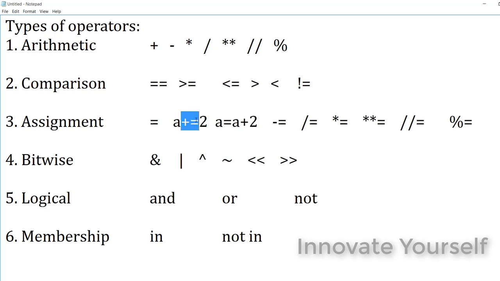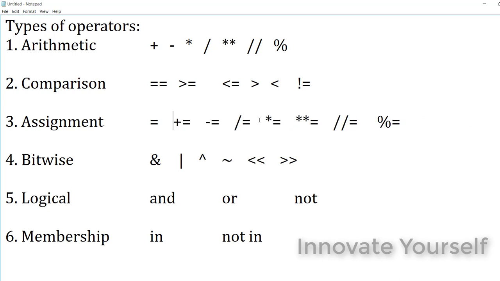This is another type of assignment operator that we can use in our program. Similarly, we have minus equals to, divide equals to, multiply equals to, double multiply equals to meaning the power, floor division equals to, and percent equals to. So these are the assignment operators.